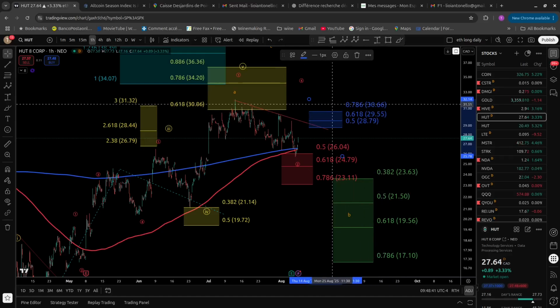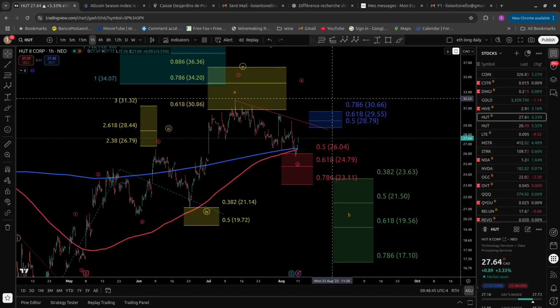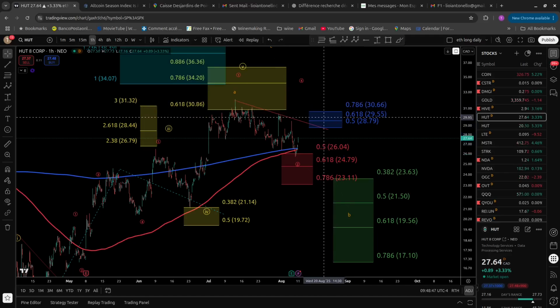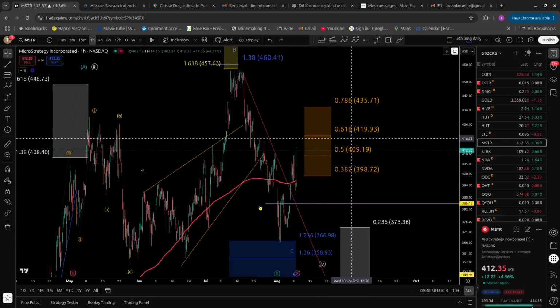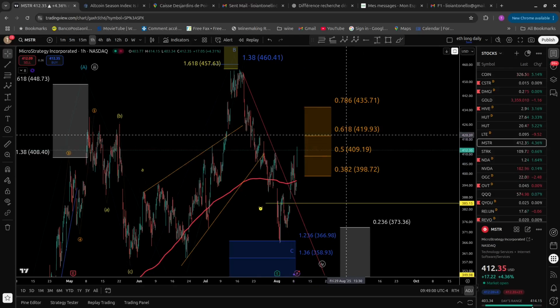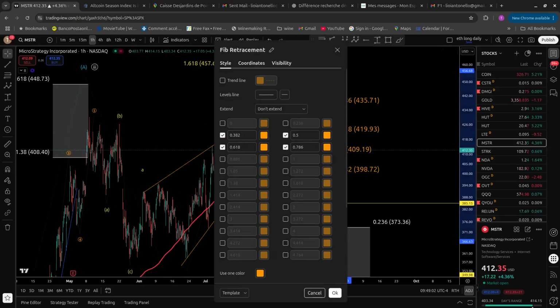Price reaching higher than 30.66 probability would increase that this is not a B wave anymore, even though B wave can go higher. But it would also depend on the structure. Now, MicroStrategy, I can remove some levels now.